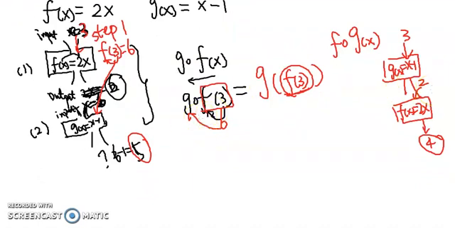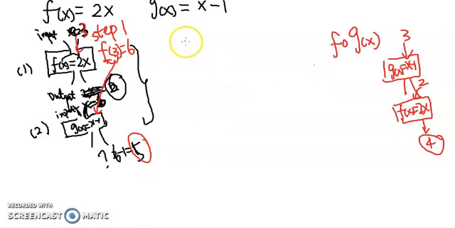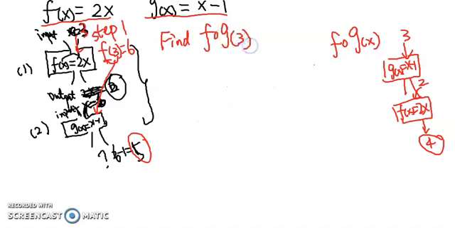Also, I'm going to write down the questions clearly. So we are given these 2 functions, F of X and G of X. We want you to find F and G at 3. We also want you to do another question with the order switched, but we're going to do that next. Okay, so sorry, I should have switched G and F, because in this graph I have F first.